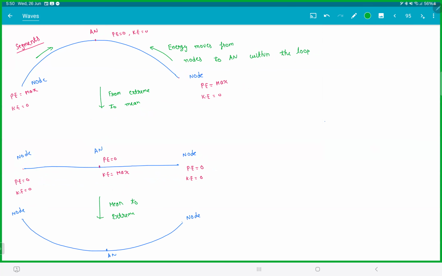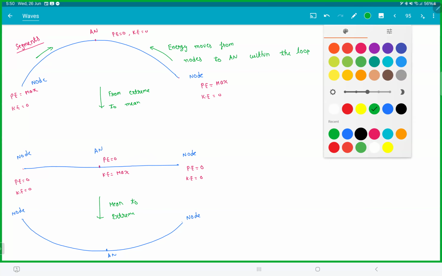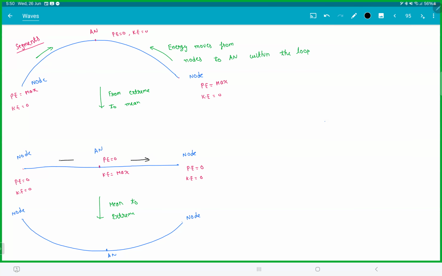So in a stationary wave, how is the energy flow within the loop? Now from here, the energy is flowing from antinodes to nodes, it is going back. You're getting it? So energy is continuously being transferred to and fro.